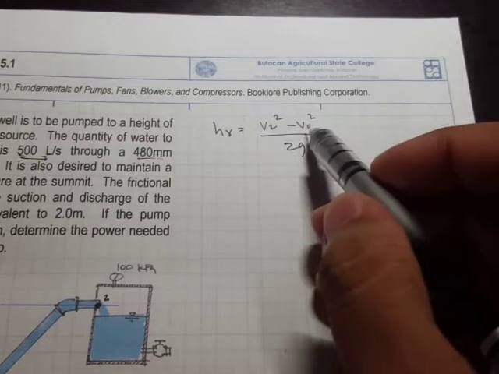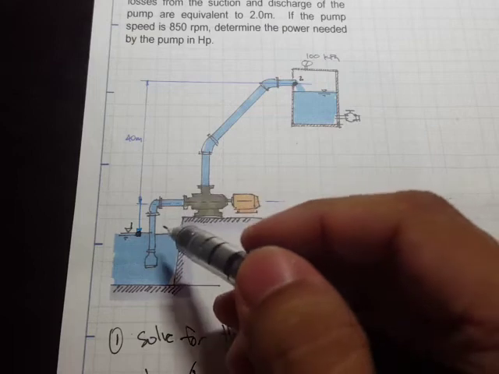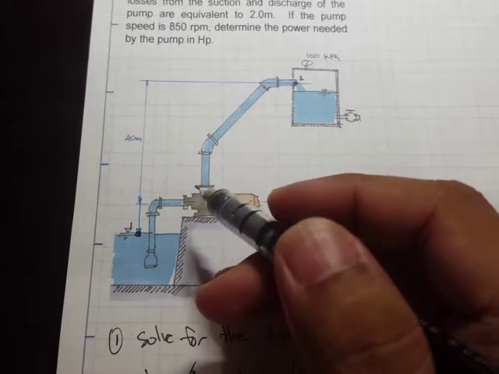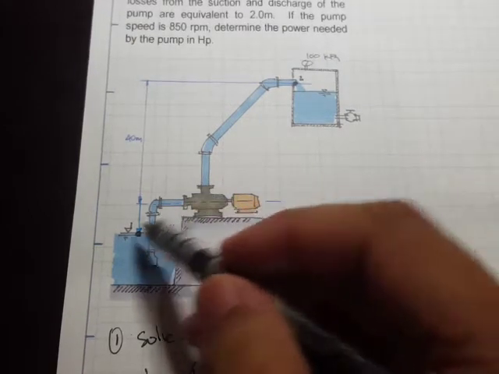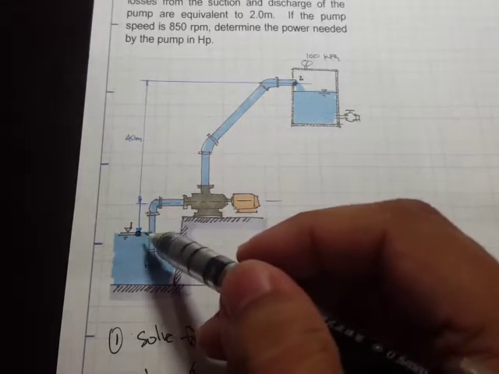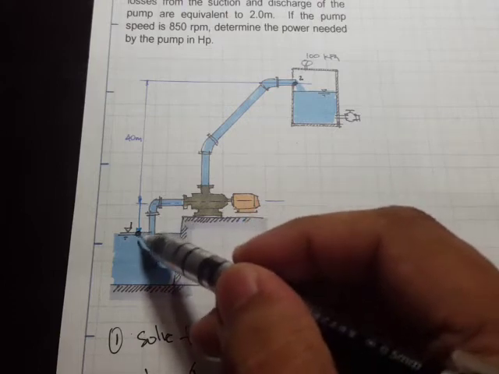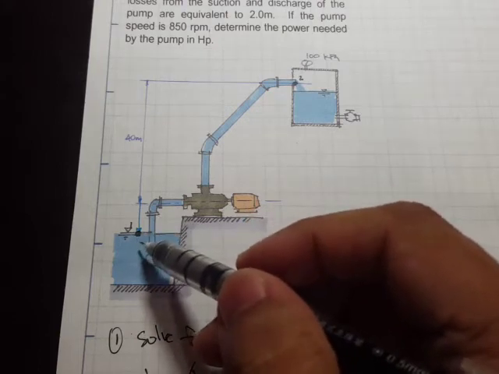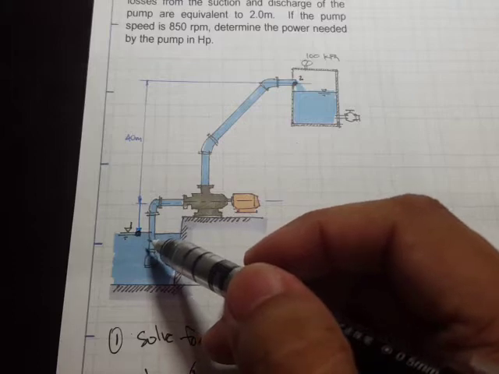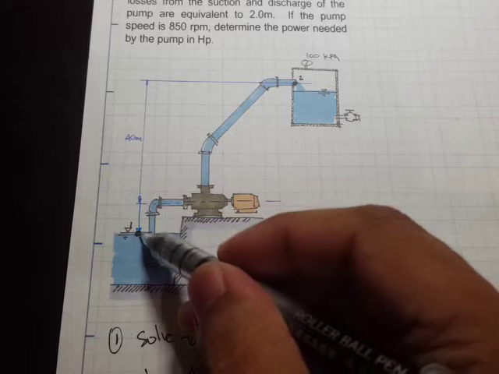And for the velocity at point 1, recall that whenever we have a large reservoir, take note of the words large reservoir, and our point of reference is the surface, that means that we assume that the velocity right here is actually 0. That's the usual assumption that we do for a large reservoir if our point under consideration is the surface.